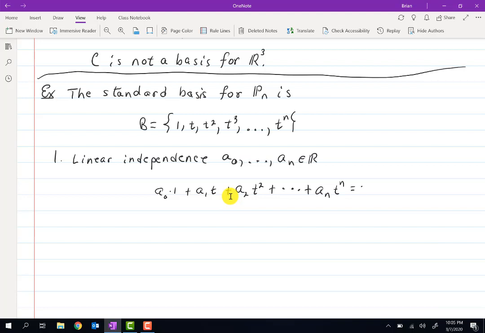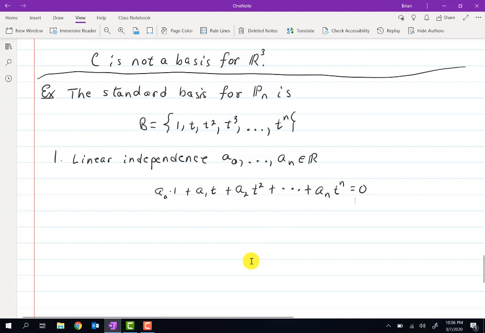Suppose that were equal to 0. Now remember, this is a little bit different here because this has to be true for all possible values that we might plug in for t. I have to find these coefficients so that it equals 0 no matter what values of t we're going to be using.